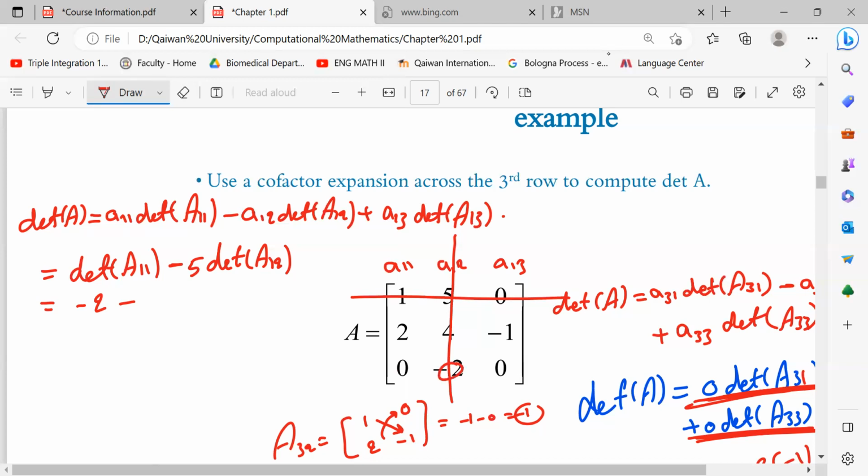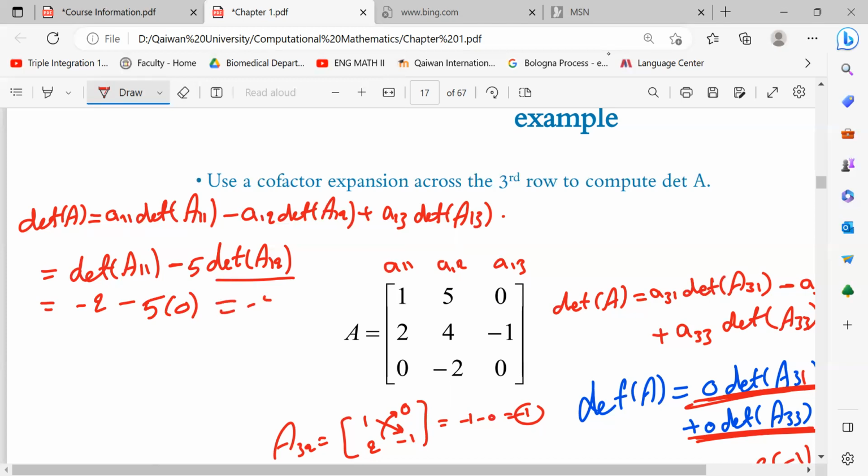So if this column is 0, the determinant is 0 at all. If all elements of a row are 0, or if all elements of a column are 0, we say the determinant is 0. Here, the determinant of A12 is 0. We found it. It's 0.